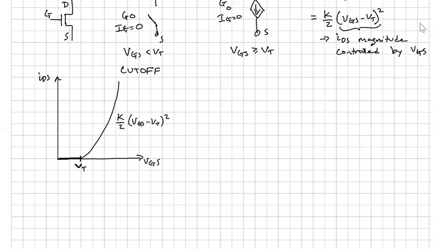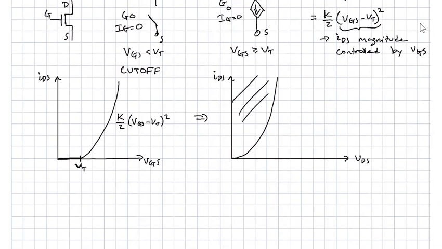The corresponding plots, which we've already kind of drawn, are just to remind us that we're plotting two different dependencies when we plot either IDS versus VDS or IDS versus VGS. In this mode of operation, these equations are only valid once we're in saturation. So here, this is triode, they don't work. It's a different mode of operation for the MOSFET.